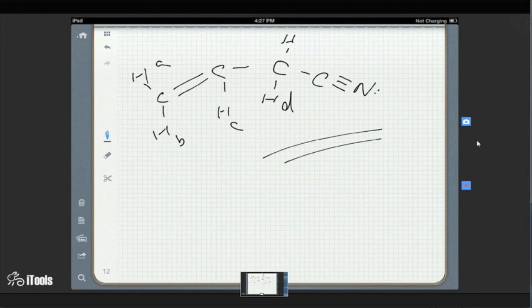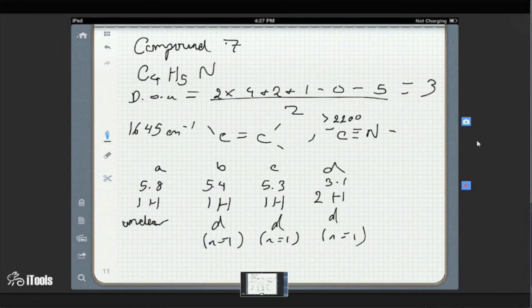And notice that's pretty much guaranteed because there's almost nothing else that would ever absorb there. So that's a very reliable absorption. If you have things in the 4.5 to 6 region, that almost always means an alkene. So that should have been one of the very first things that we gravitated towards on this problem. Noticing those 4.5 to 6 absorptions, we should have noticed there had to be an alkene in this compound early on in our work.